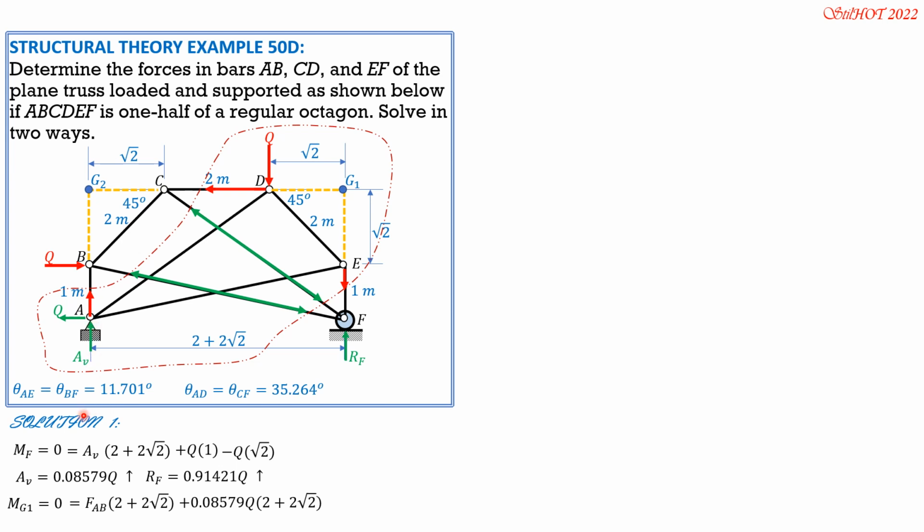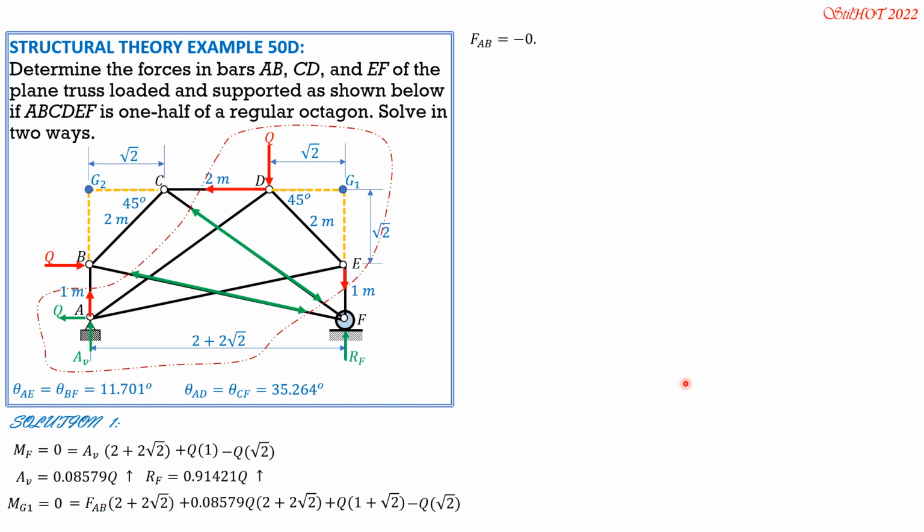AV is 0.08579 Q. The moment arm is 2 plus 2 square root of 2. Then plus Q times quantity 1 plus square root of 2. So those are the involved forces. Then we can now solve FAB in terms of Q. Minus Q times square root of 2. I forgot to include this.